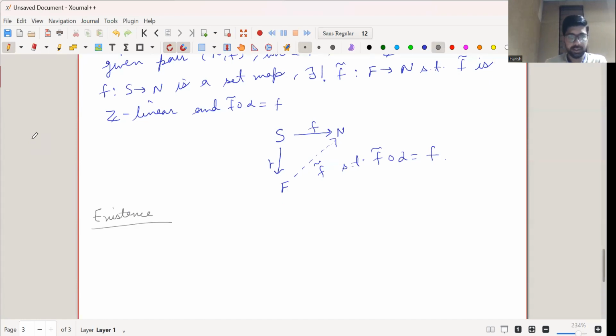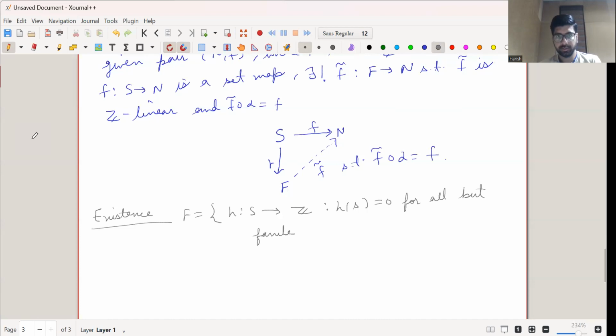So existence is: you can take F to be the set of all maps h from S to Z such that h(s) is equal to 0 for all but finitely many s belonging to S. So what does it mean for all but finitely many s belonging to S?